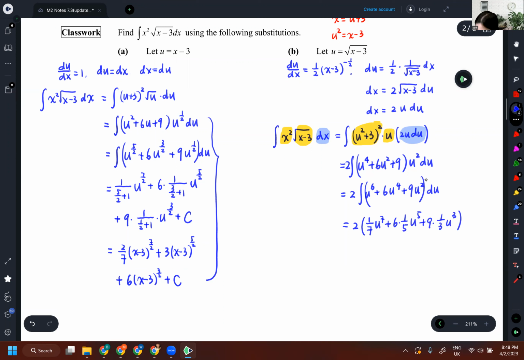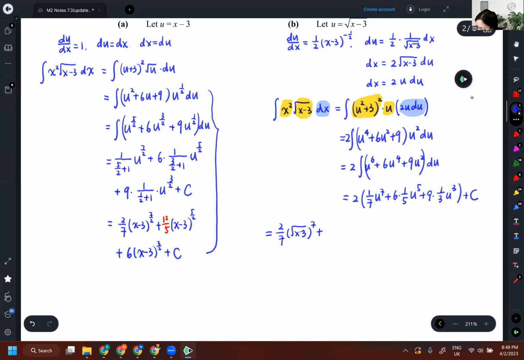Sorry. It's 12 over 5. So here it is 12 over 5. That's correct. 12 over 5, x minus 3 to the power 5 over 2. And the last one is 6, (x minus 3) to the power 3 over 2, plus c. You see, again, you have the same answer.